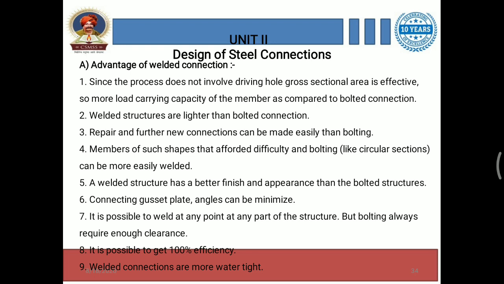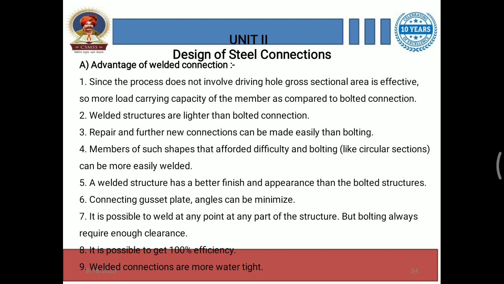Then it is possible to get 100% efficiency. In case of welded connection we can get 100% efficiency. Welded connections are more watertight. Obviously, welded connections do not have any small gap left between two members in the connection.